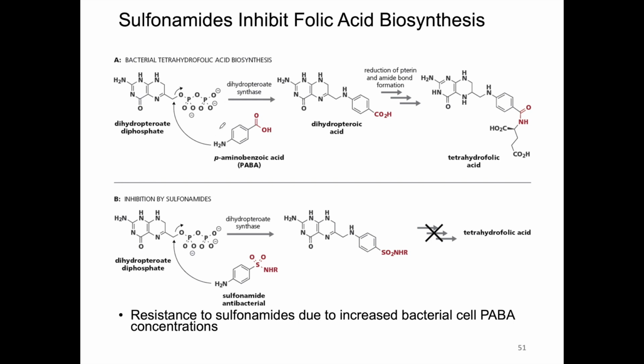The para-aminobenzoic acid reacts with dihydropteroate diphosphate with an enzyme called dihydropteroate synthase to form this new carbon-nitrogen bond just here, and then subsequently the aspartic acid is installed to form tetrahydrofolic acid. And so the sulfonamide functionality replaces para-aminobenzoic acid, and that's shown in the slide down below.